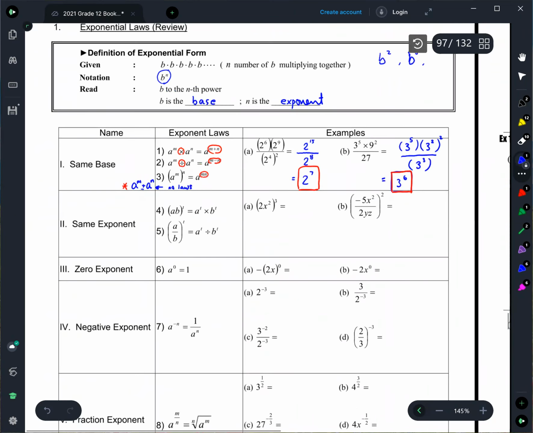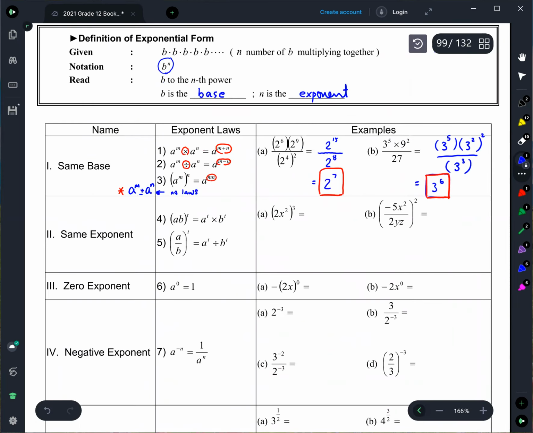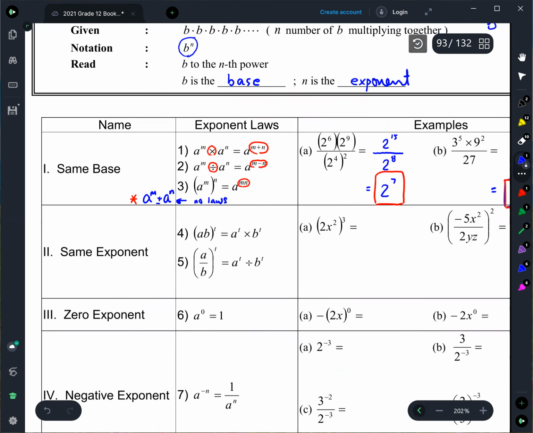Right, so next part is having the same exponent, okay? So if you look at the rule, if inside the bracket you had more than one item, okay? You have the A, you also have the B, right?